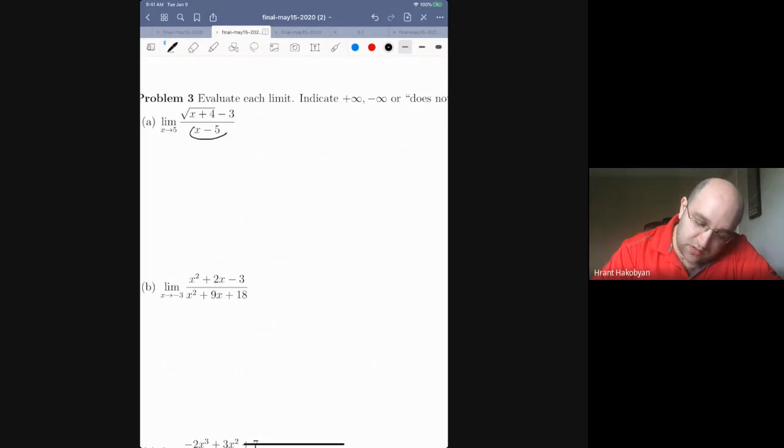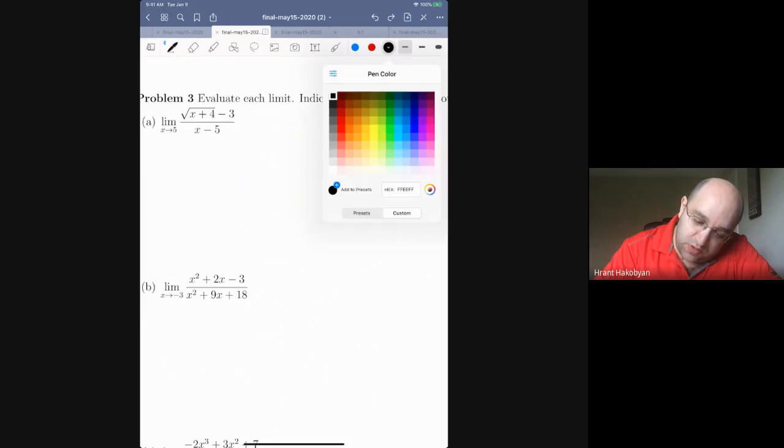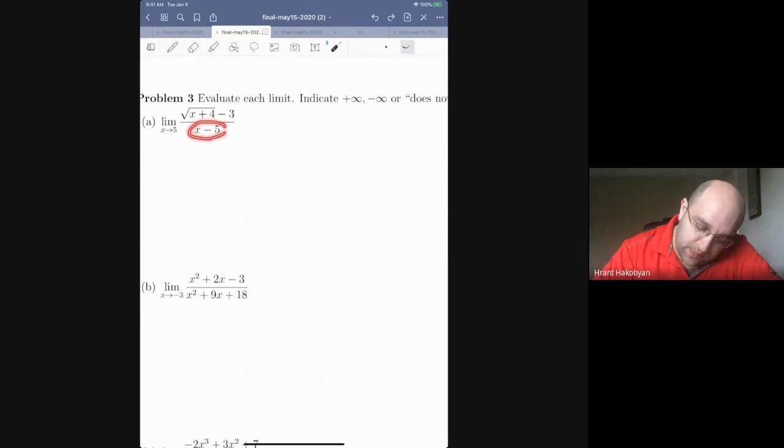I'm going to have a 0 in the denominator, right? And 5 plus 4 is 9 right here, so the square root of 9 is 3, so it's 3 minus 3 on the top. That means I have 0 divided by 0, right?